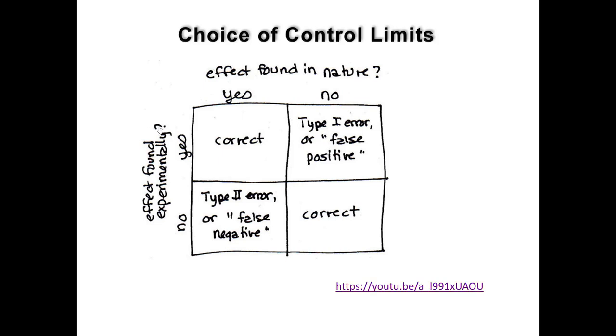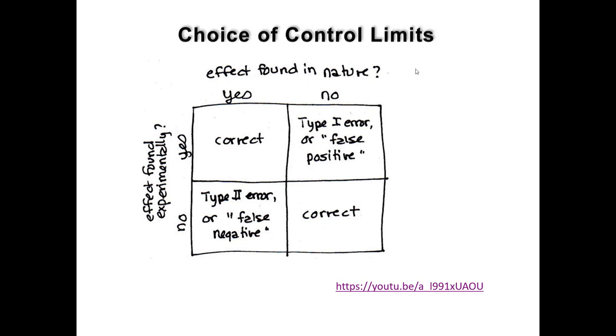So there are two situations here. Number one, the decision that we make based on our sample. For example, the result is not significant, therefore we do not reject the null hypothesis. The other decision is yes, our result is significant, therefore we reject the null hypothesis. The other situation is the truth out there.